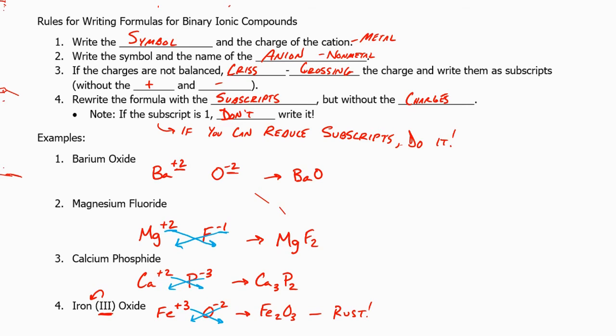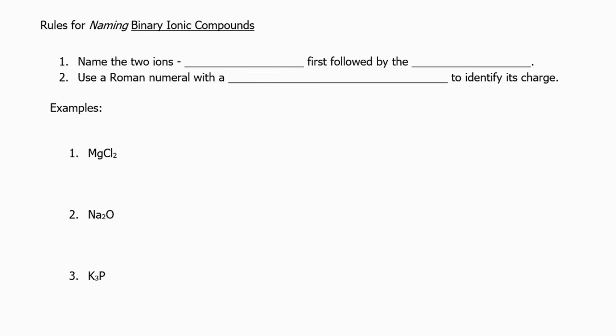All right, so let's look at our next step, which is our rules for naming our binary ionic compounds. As we're naming our ionic compounds, our first step is to name the two ions. We name the cation first, followed by the anion. We always list the cation first and the anion second.